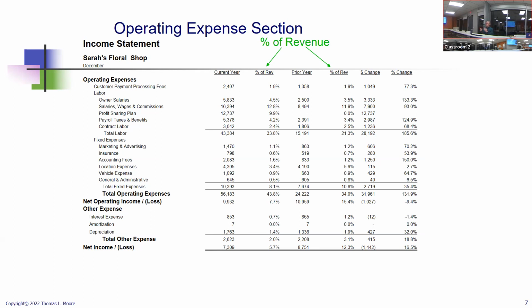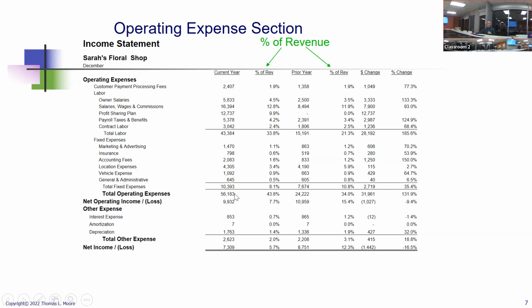Below that, you can see fixed expenses: marketing and advertising, insurance, accounting fees, location fees, vehicle expenses. All of those kinds of things get added up to give you a total fixed expense and a total operating expense. In this case, it's $56,183, if you can see that number here, right?